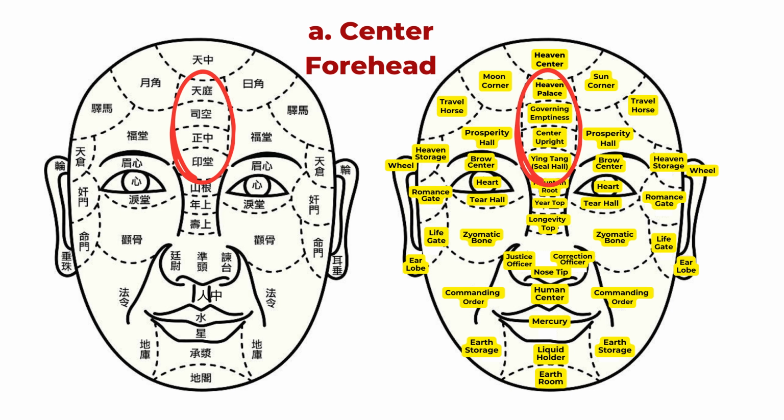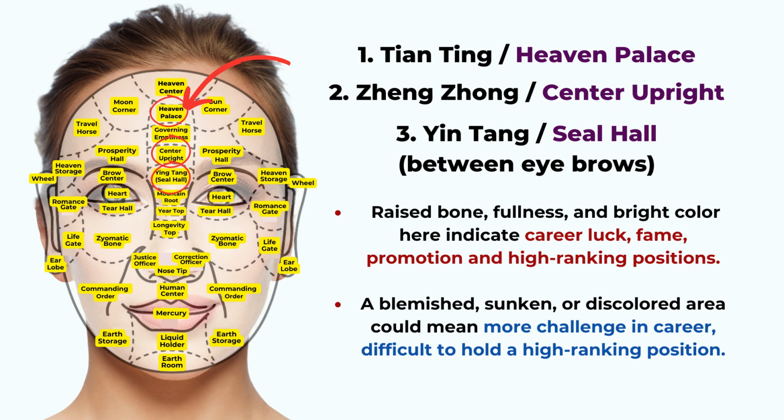And here it includes heaven palace, governing emptiness, center upright, and yin tang. And for this whole area, it's related to your career, your fame, and your position and status. So if this area is fuller, it's more raised, with bright color and even skin tone, it means career luck, fame, promotion, and high ranking positions.